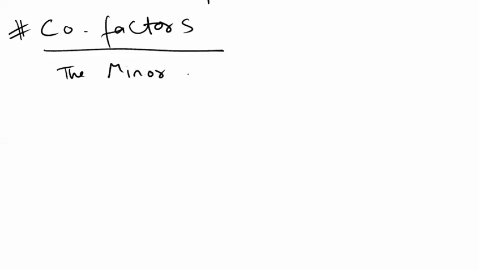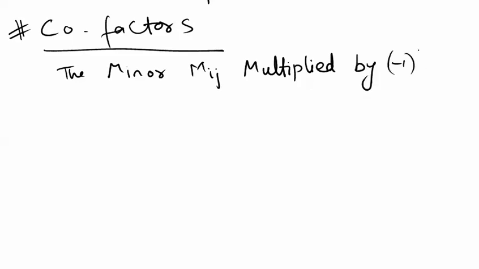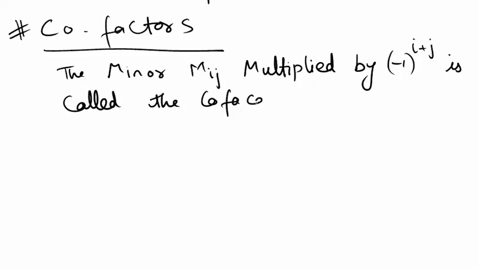The minor Mij multiplied by -1 to the power i plus j is called the cofactor element of Aij.